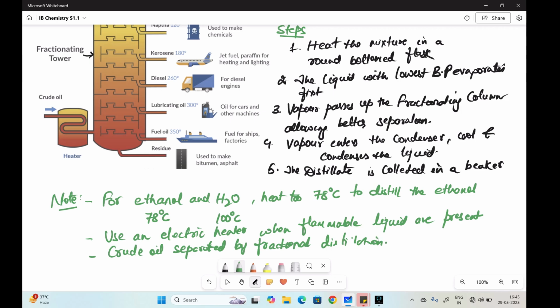Right? So these are some important points we must know.